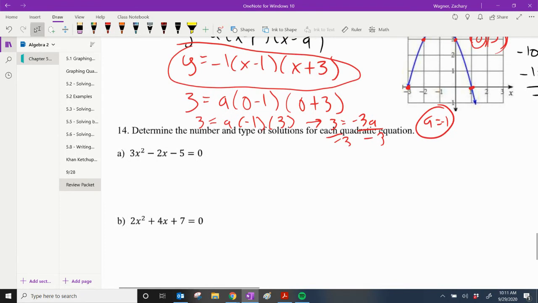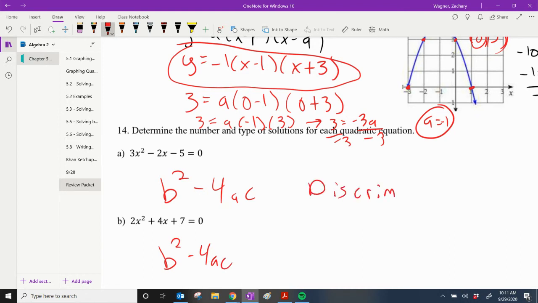Now these determine the number and types of solutions for each quadratic. This would be more of an extra credit portion. We haven't done too much over this, but this is called the discriminant. The value underneath your square root symbol in the quadratic formula is called the discriminant.